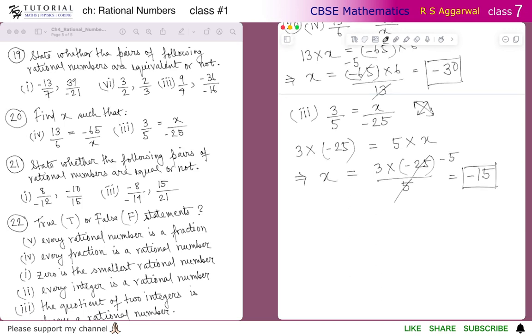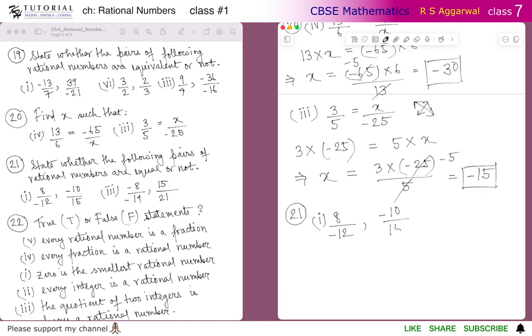I will not do all of question number 21 because it's asking whether the following pairs of rational numbers are equal or not. Okay, I will do one, you will get the idea. Now to check whether two rational numbers are equal or not, there are two ways.